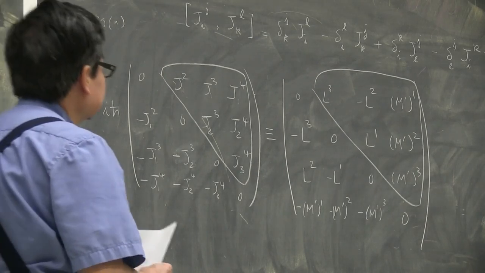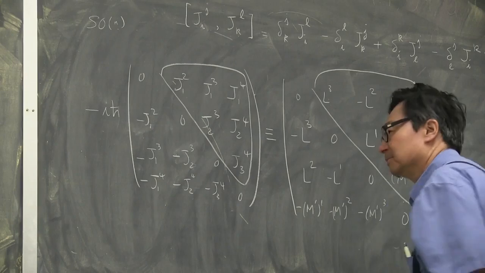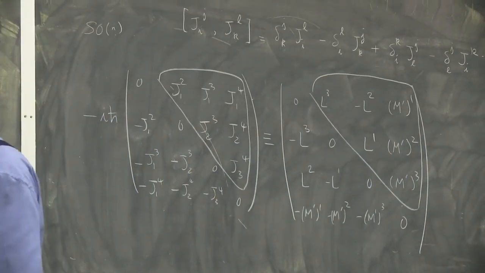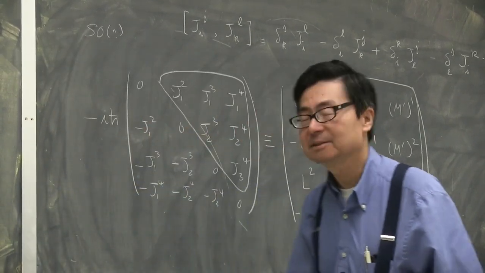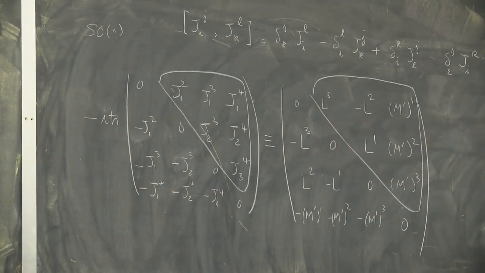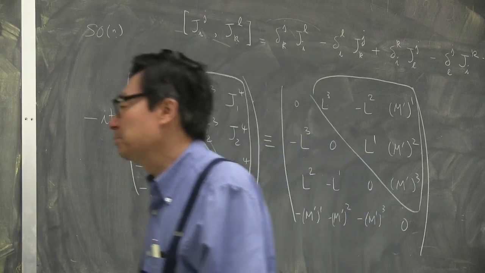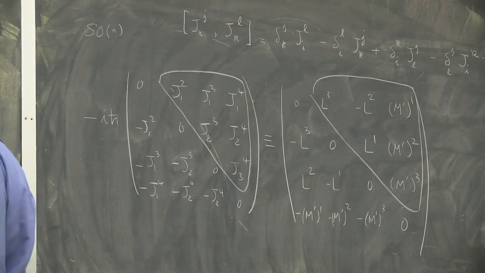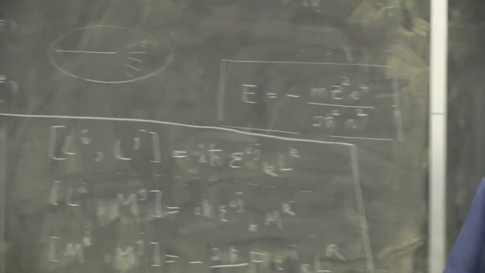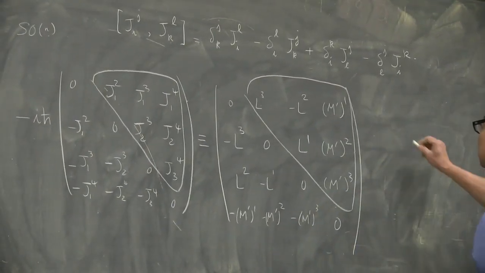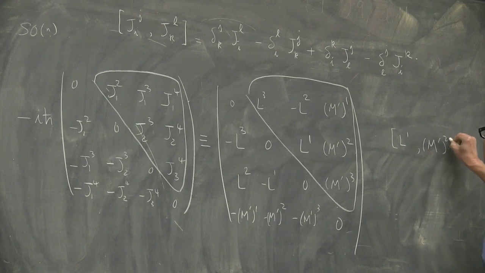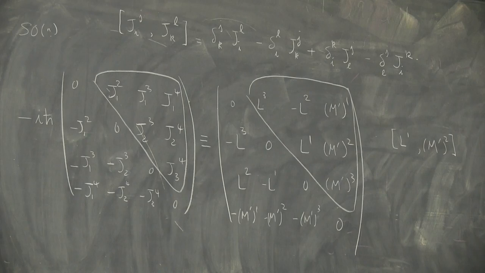Let's just try one thing, right? Let's try to relate the L's to the M's in here. Supposing I pick 1, 2, 3. So let me pick L1 and M prime 2, and see what happens.